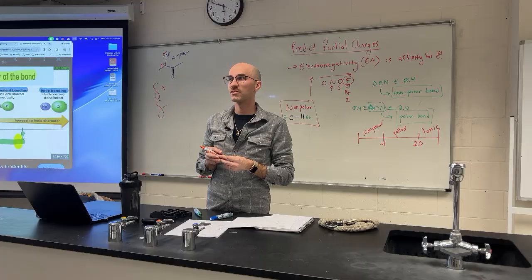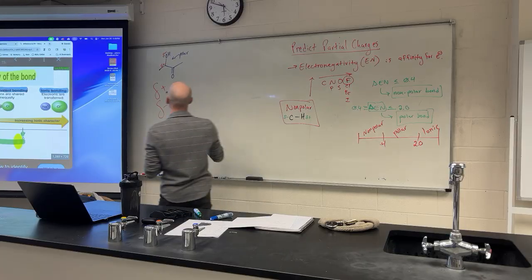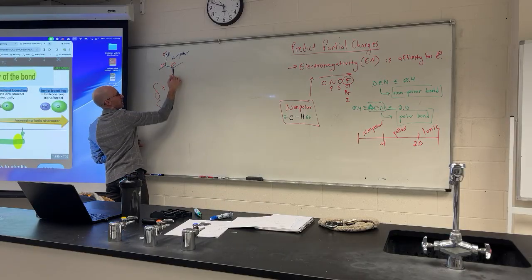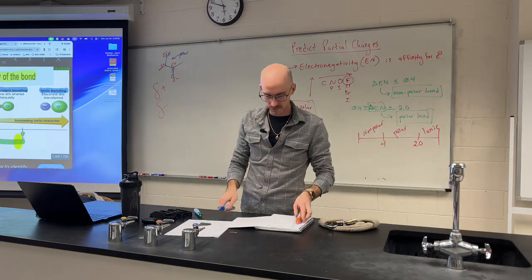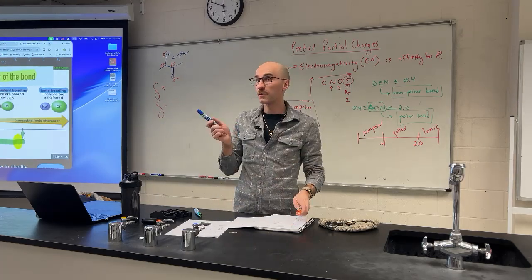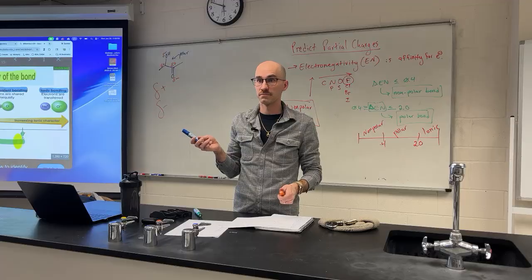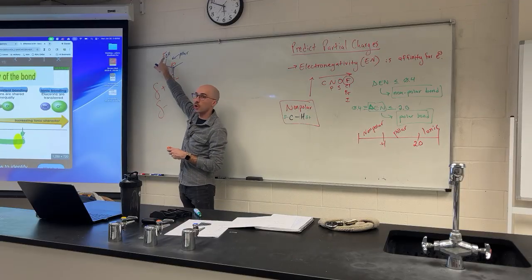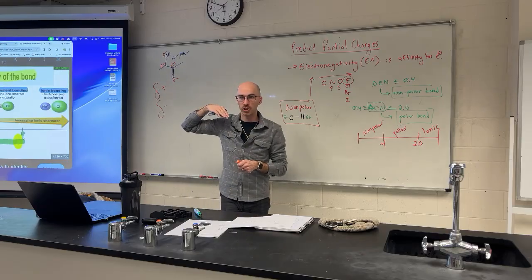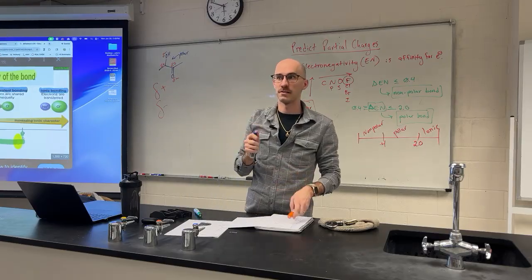Nope. So if the difference in electronegativity is the same, then the partial charge character is the same. So C to O single has the same partial charges as C to O double.